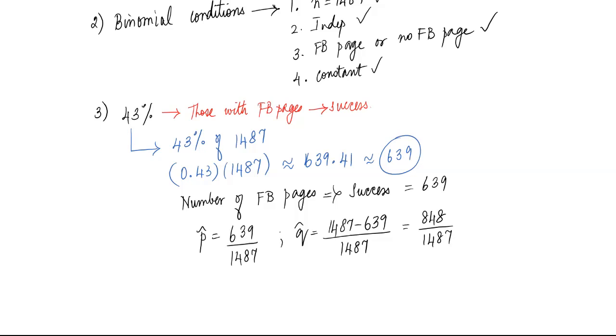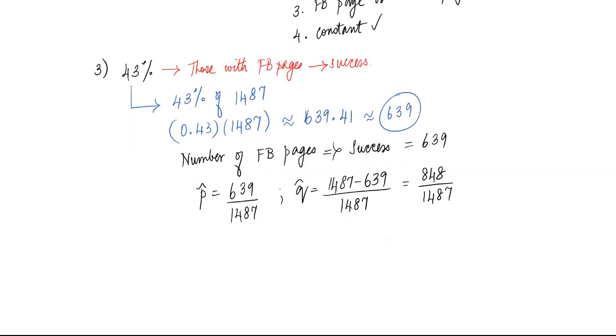And if you did this fraction, you're going to get 0.43 here, and then you're going to get 0.57 there. So let me quickly point to this as the probability of success, and this is the probability of failure.